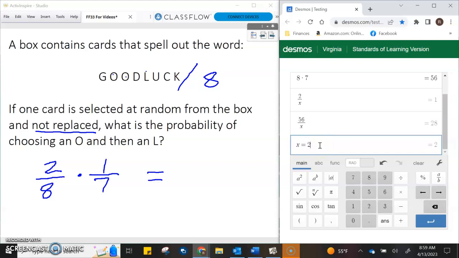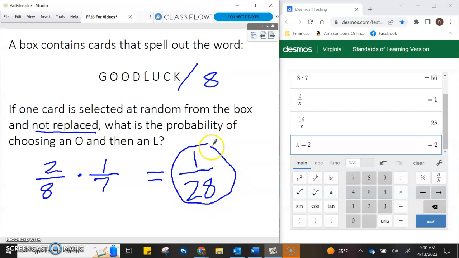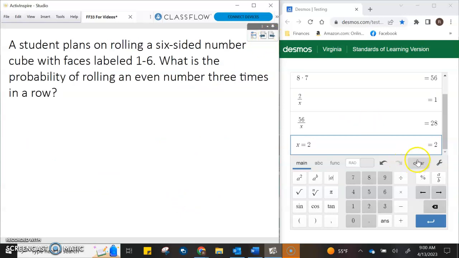So let's try 2, and it works, 1 over 28. So when we simplify, the probability of these two things happening without replacement is 1 over 28.